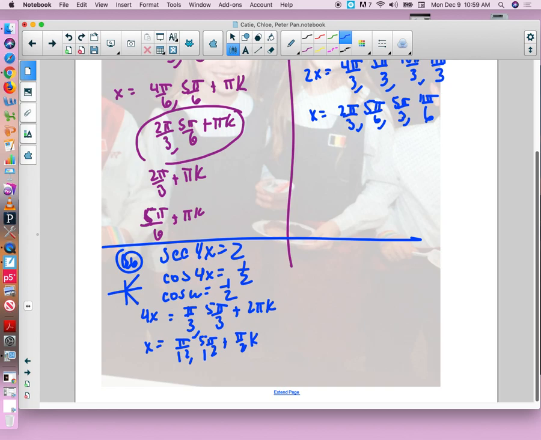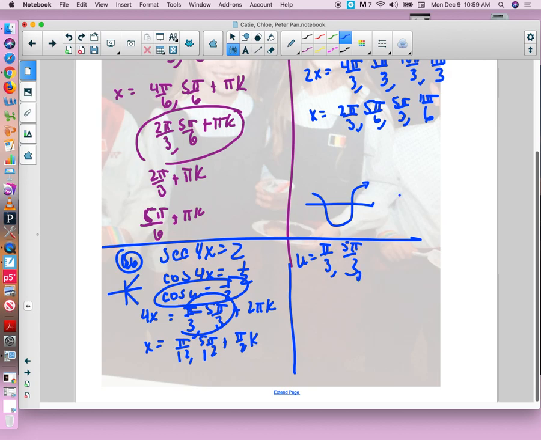If you were going to do all real solutions, how many times would you go around here? Let's do it. With my u, I would go around 4 times. Pi over 3, 5 pi over 3 catches the first 2 times that cosine equals 1/2. Do y'all see what we're doing? But this period is very fast.